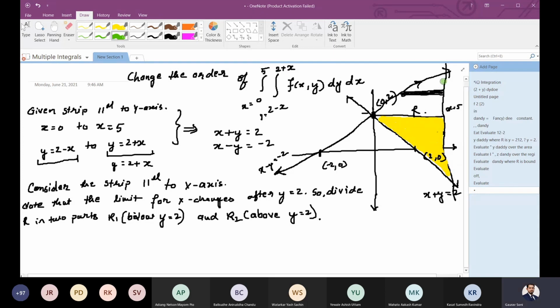And the above region is R2. We'll have to give the limits for both the regions separately. And this is R1, this is R2.